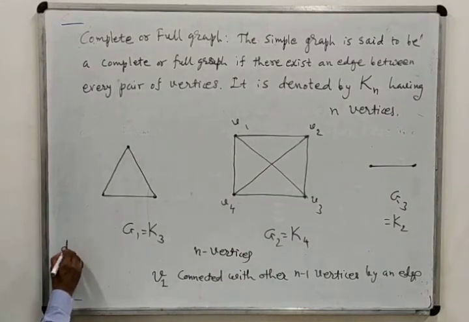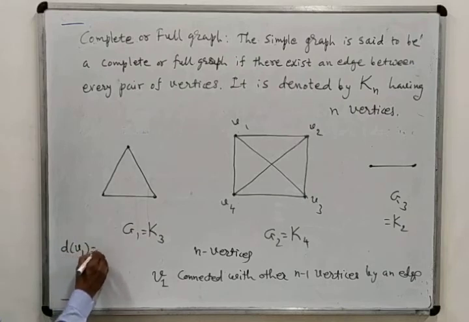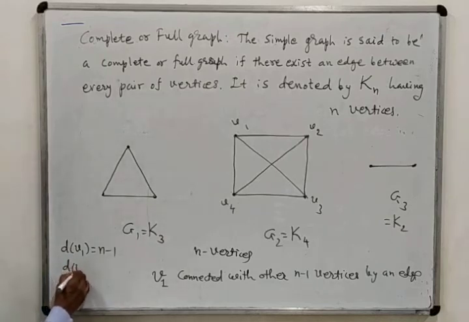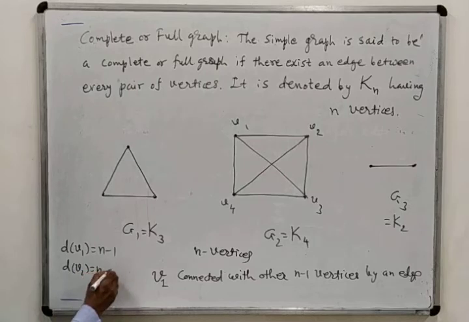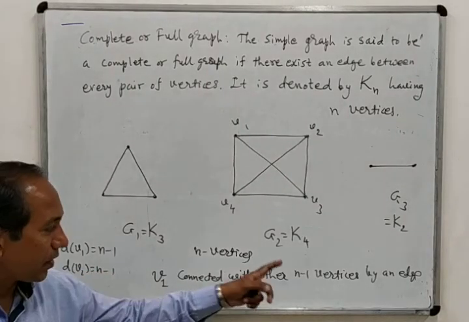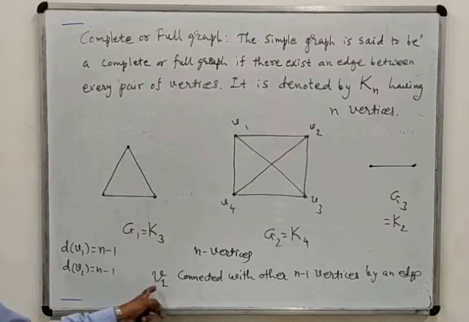So the degree of V1 is always n minus 1, because there are n minus 1 edges incident with V1. Similarly, the degree of V2 is also n minus 1, because the same definition applies. That means V2 is connected to the other n minus 1 vertices by an edge.